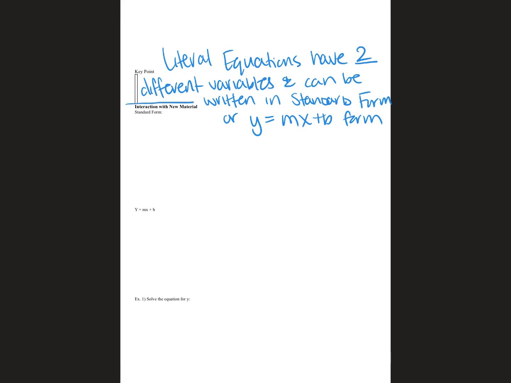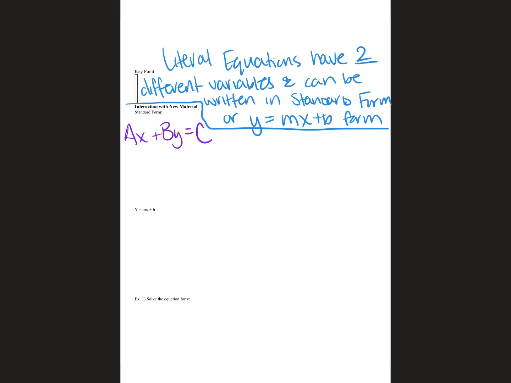Okay, now you have this on your first page, but for me it was on my second page. It's okay. So now I'm going to show you what standard form is and what y equals mx plus b form is. So standard form, what does it look like? It looks like this: Ax plus by equals c.